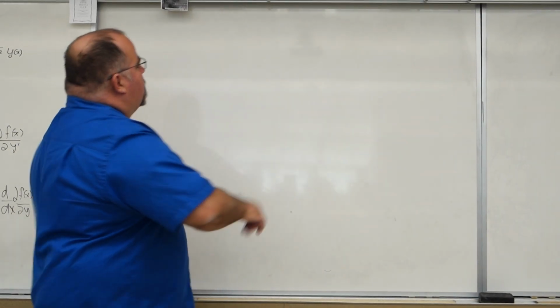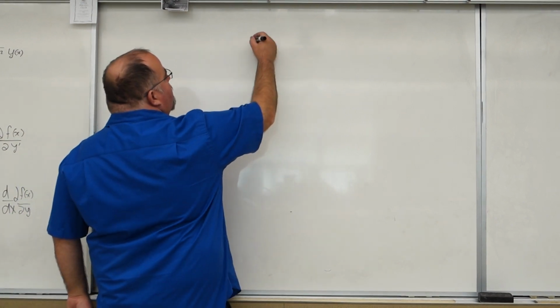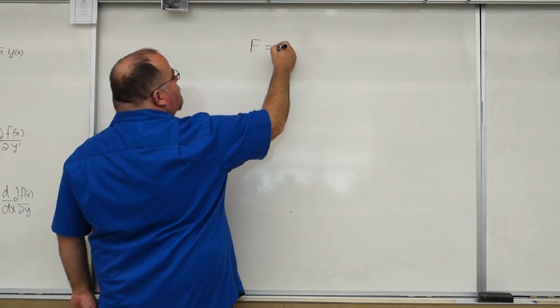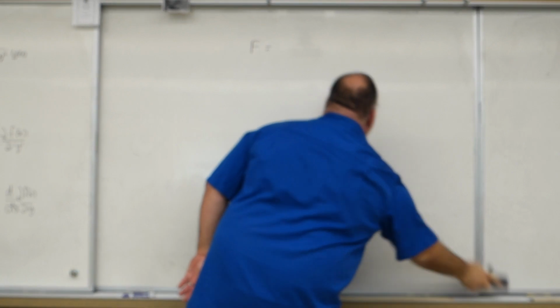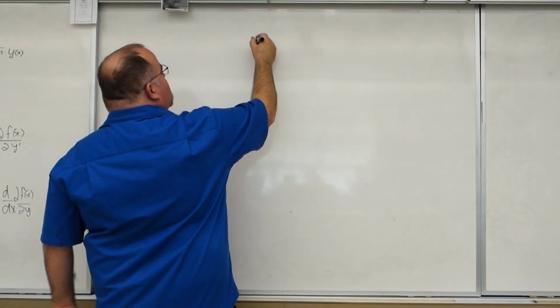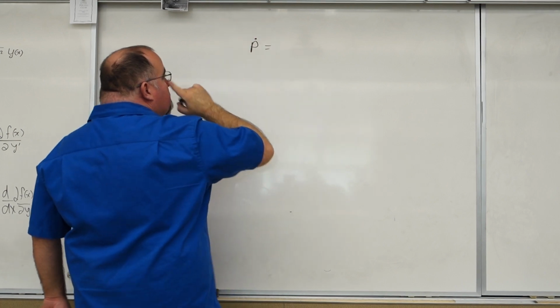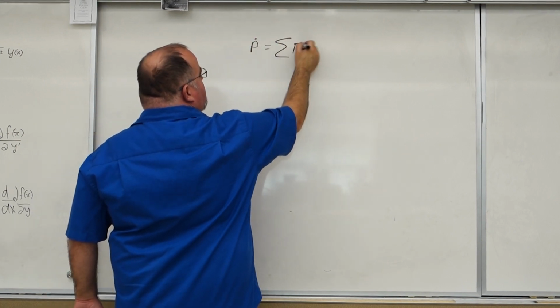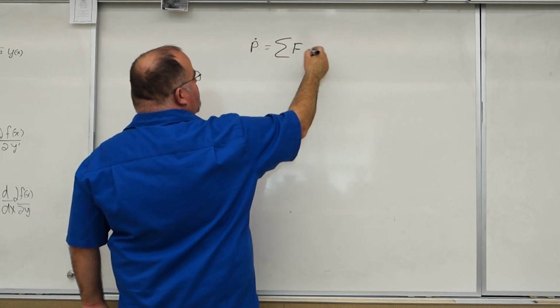Now, remember we started out with the force. Let's do this here. V dot equals the sum of the forces in whatever direction you're concerned about.